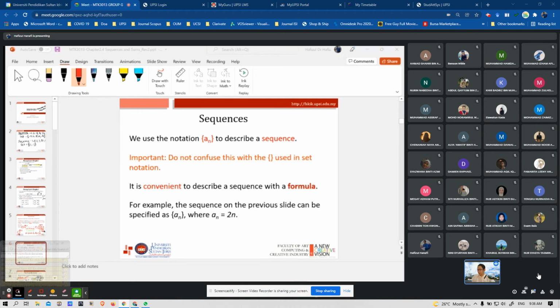A sequence is basically an object that does not have a unique connection to any other. You have done this so far, a set, and you have also seen a set.